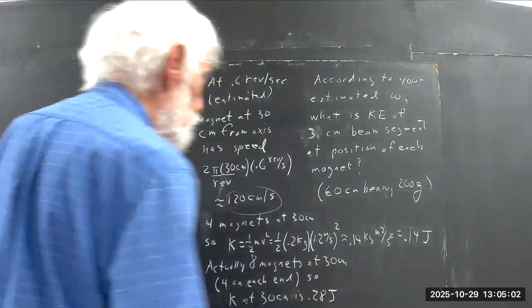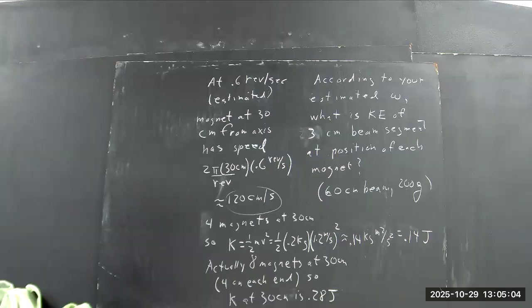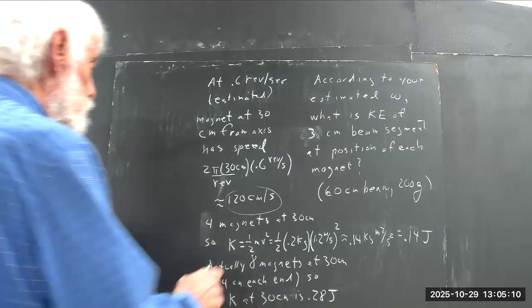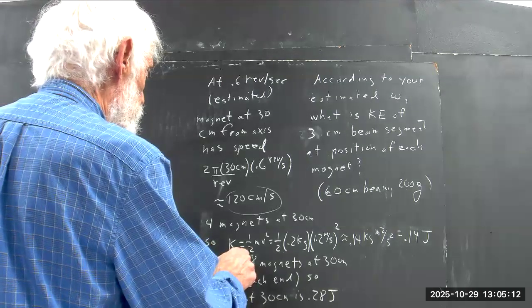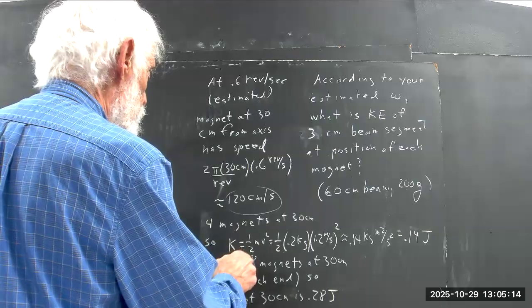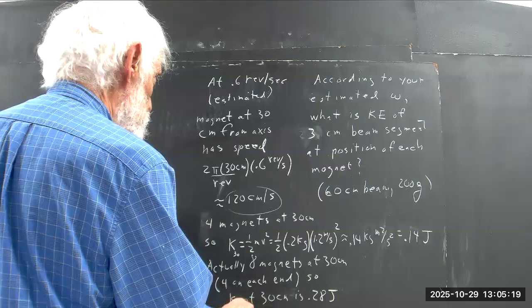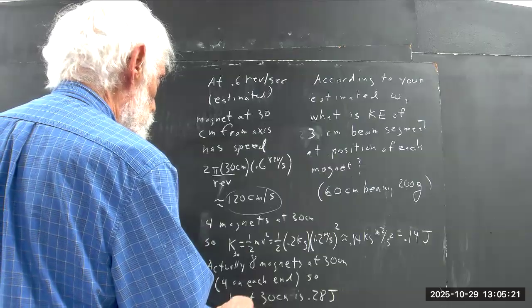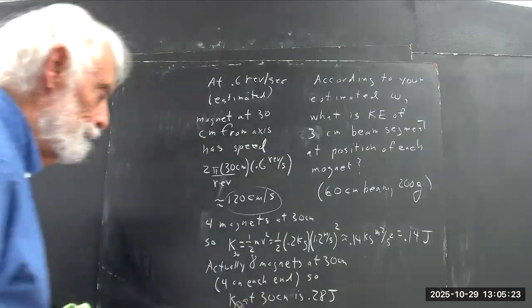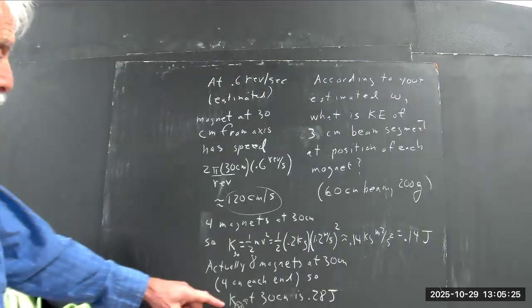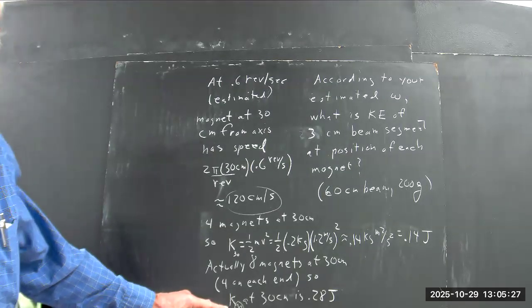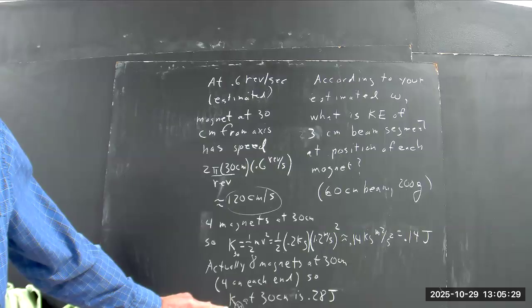So maybe you've got 0.28 joules left. Makes sense? So I'm going to call this K30. We'll call this K30 with a circle around it, just notational convenience, indicating that's the total kinetic energy of magnets at 30 centimeters, right?